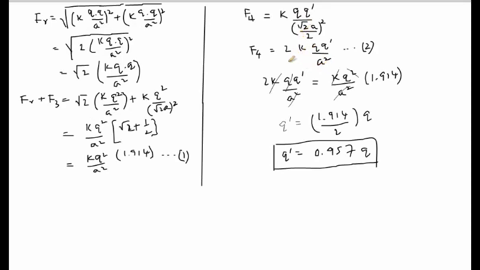Then F4 will be equal to 2 k q q dash divided by a squared. So we can equate the right hand side of equations 1 and 2, and finally we get q dash is equal to 0.957 q.